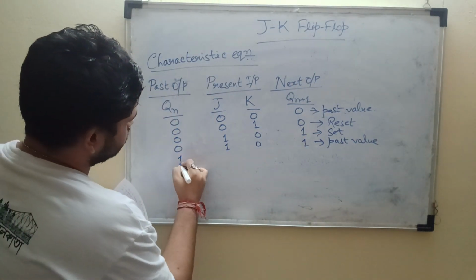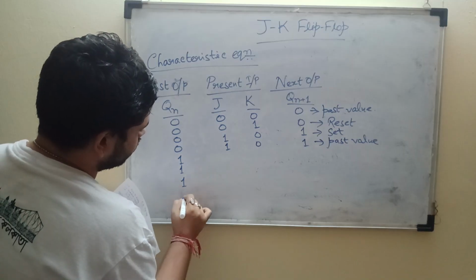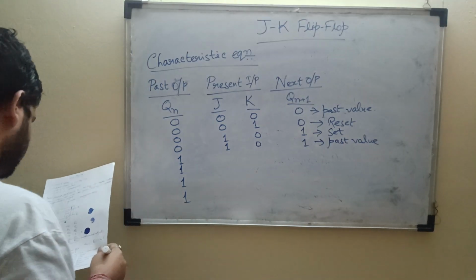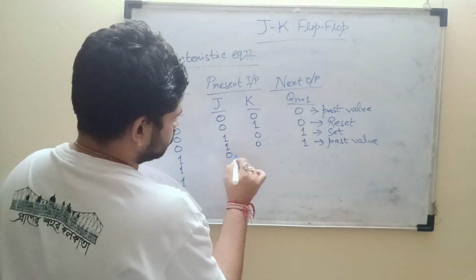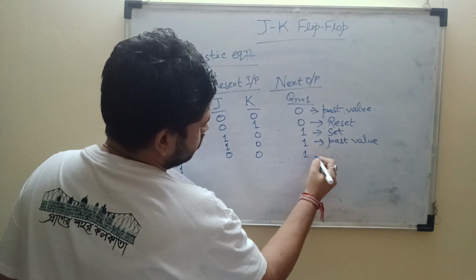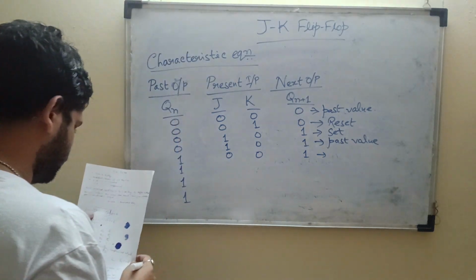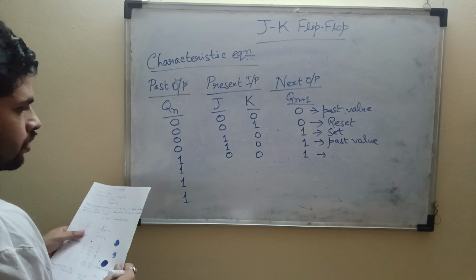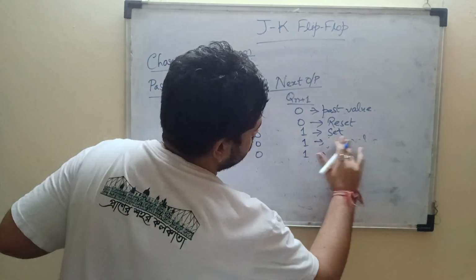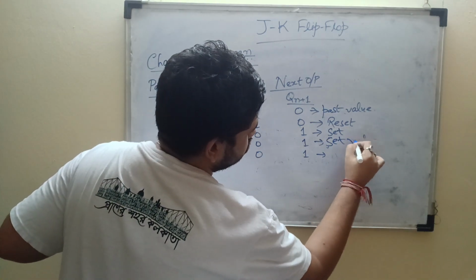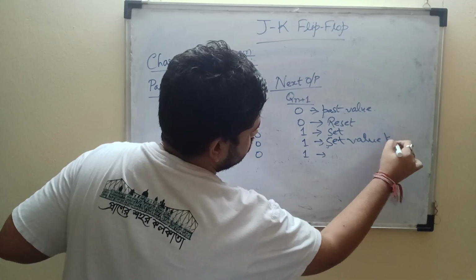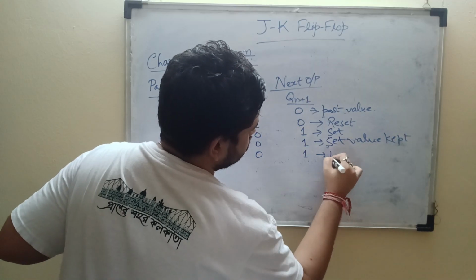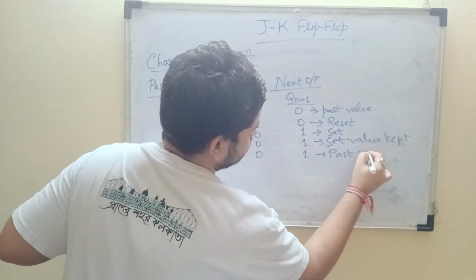When the past value is 1, and the inputs are 0 0, it will give 1, which is the set value kept. This again shows the past value when 0 0.